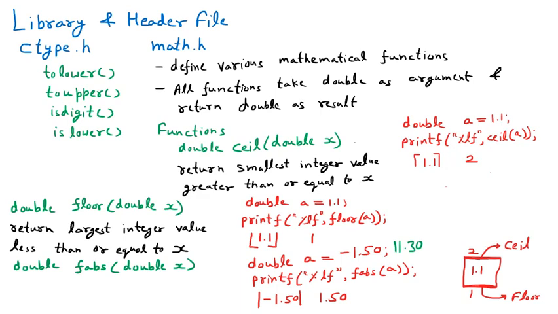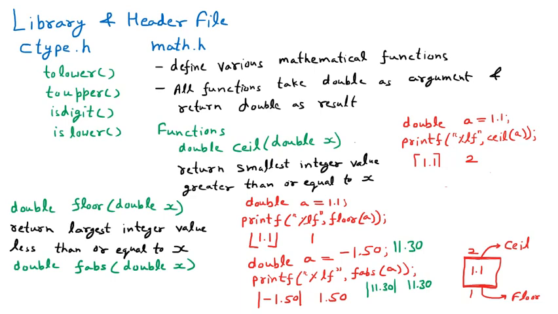Now I'm going to find the absolute of a, so absolute of a means bar 11.30, and the positive value of 11.30 is 11.30. So the absolute meaning is that the negative value will be converted to the positive value, that's it, and the positive value will remain positive. So that is the absolute function.